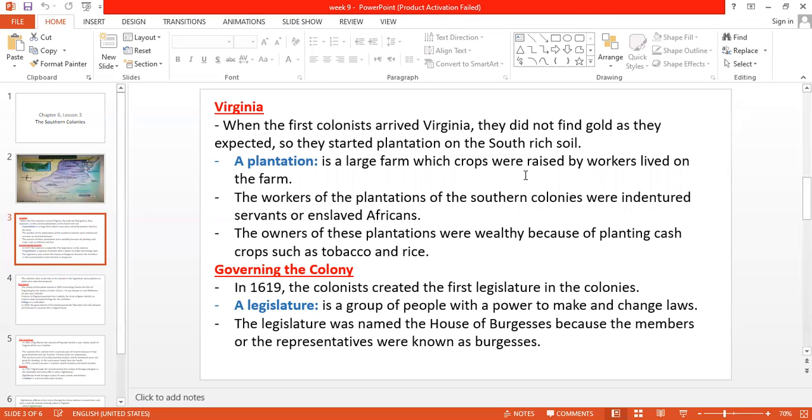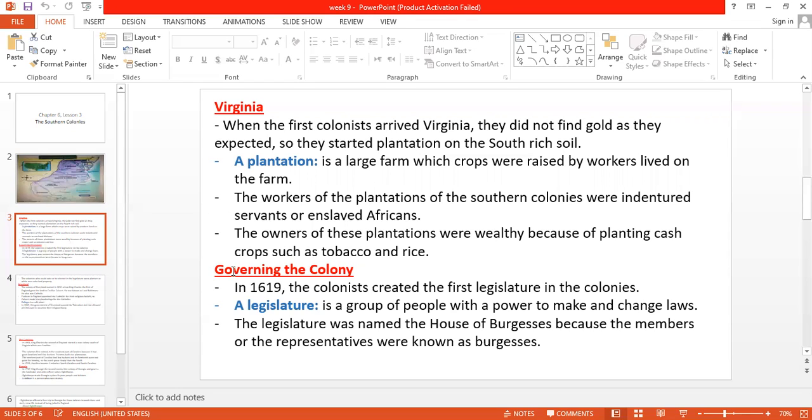And when they started planting tobacco, guys, they started to export tobacco to England. Okay, it means to sell tobacco to England, and they made money and became very wealthy because of planting this kind of crop. So the owners of these plantations were wealthy. Wealthy here means rich. Why? Because they planted tobacco and rice.